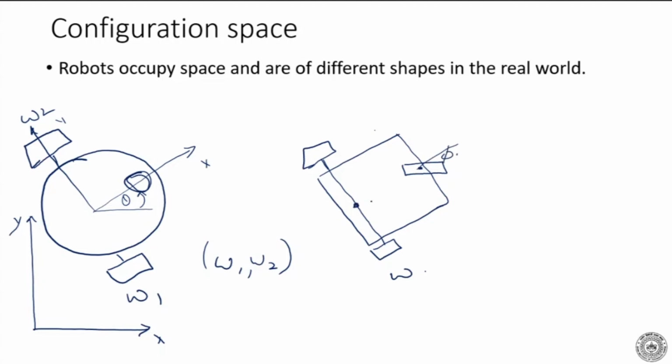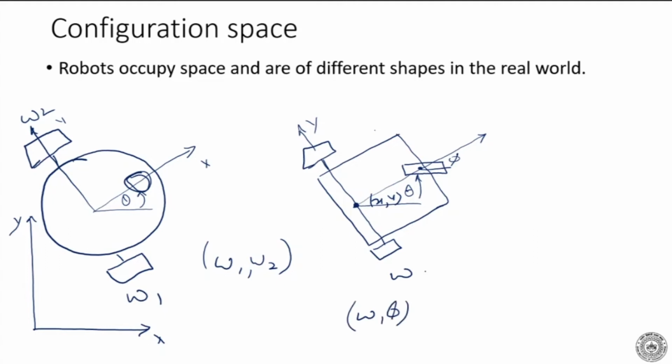This also has a point x, y, and this is my y-axis, with phi being the turning angle. This robot also makes an angle theta with respect to the global x-axis. So this is another kind of robot where the inputs are omega and phi to make it go.